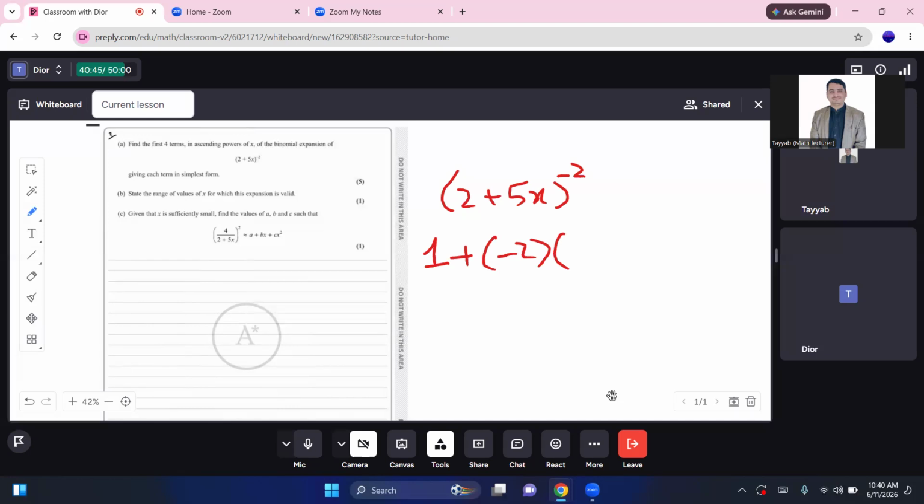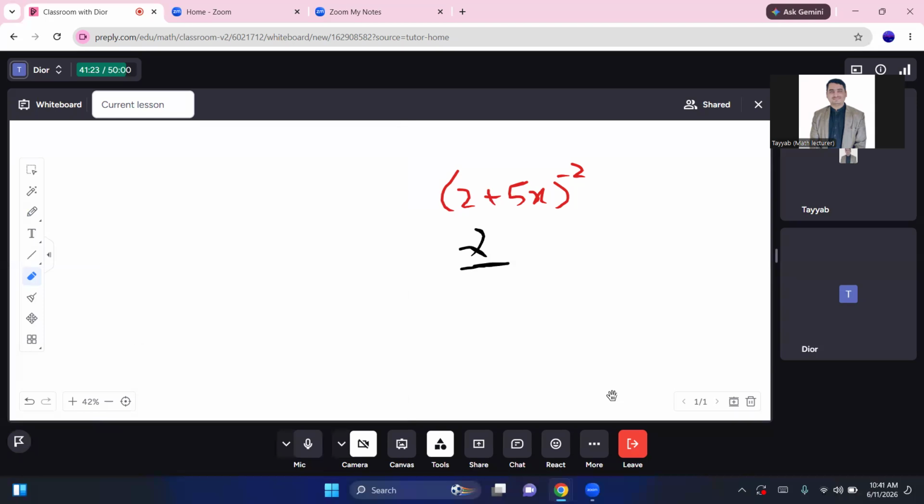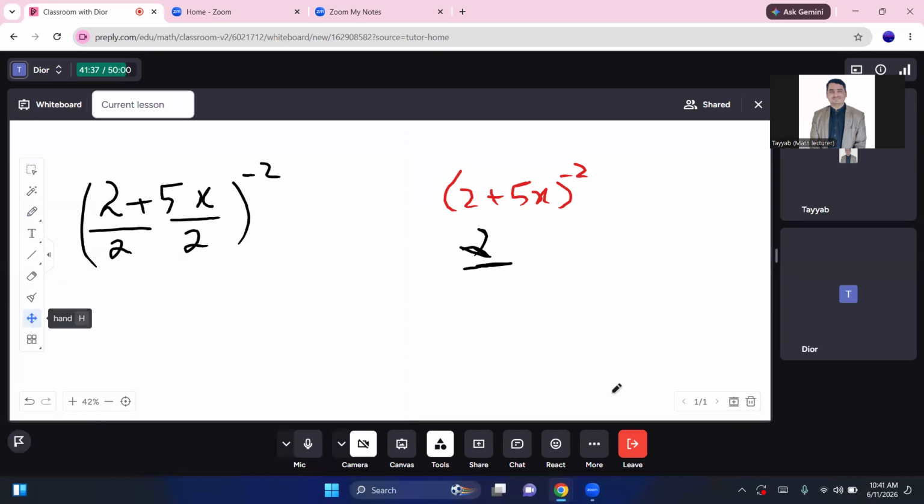Okay, first term, what we can do is the term should be 1 plus, if you divide by 2, so 2 plus 5x, divide by 2, power negative 2, because you are dividing, so you need to multiply.